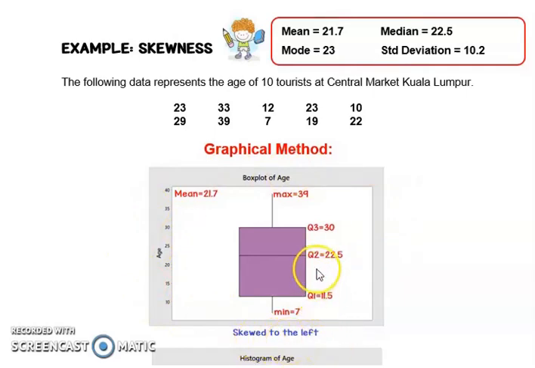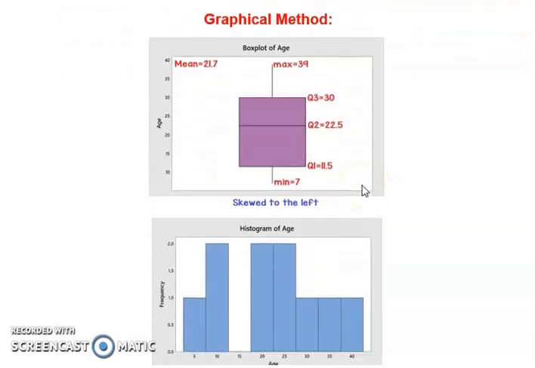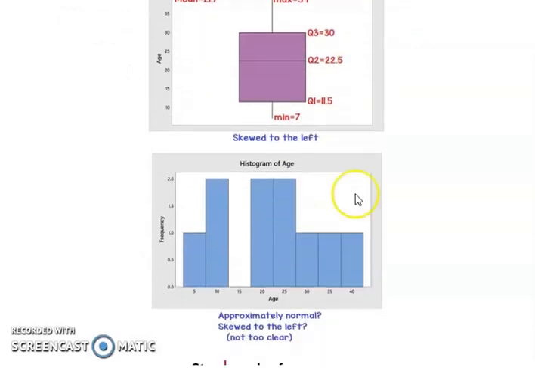Now let's move on to the histogram. Why is there a space here? Because there is no frequency between these two boundaries. Looking at this graph, first I can see whether it is approximately normal.